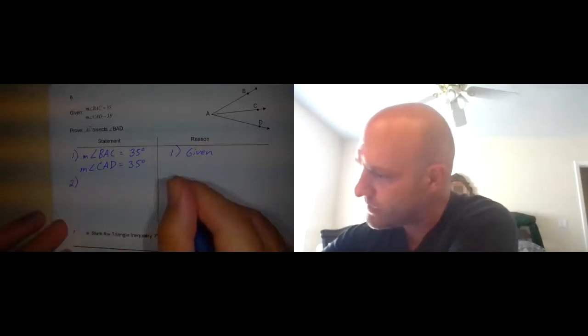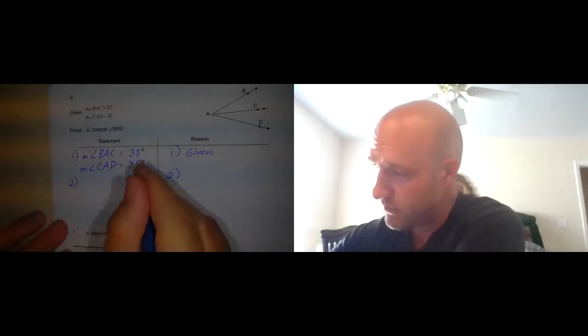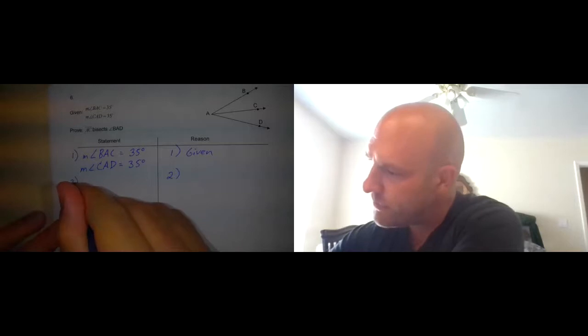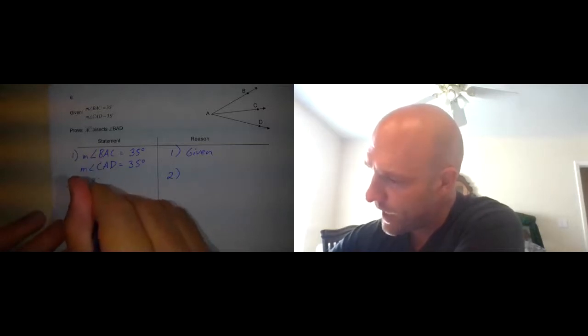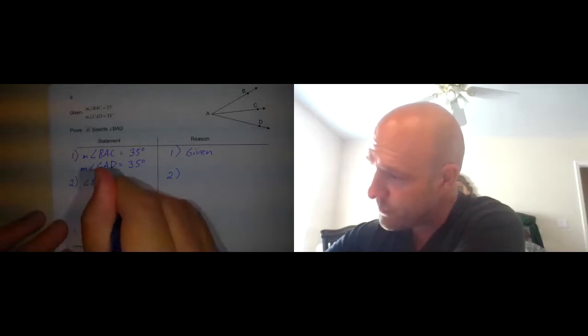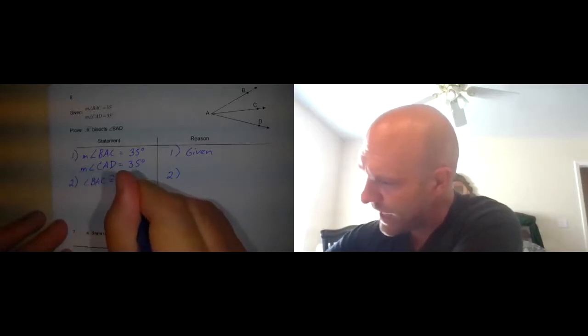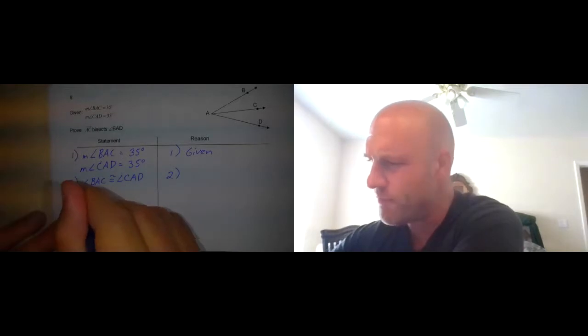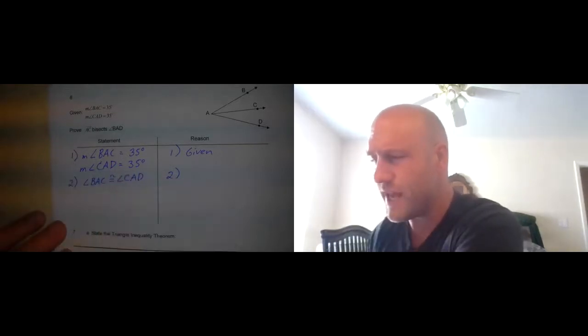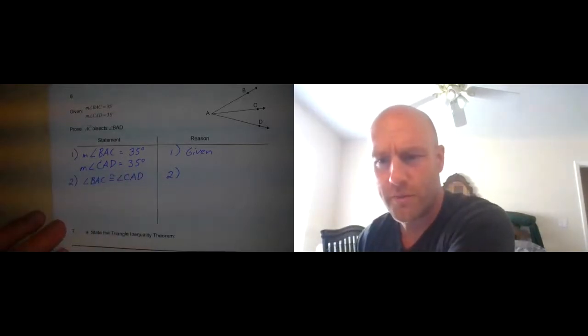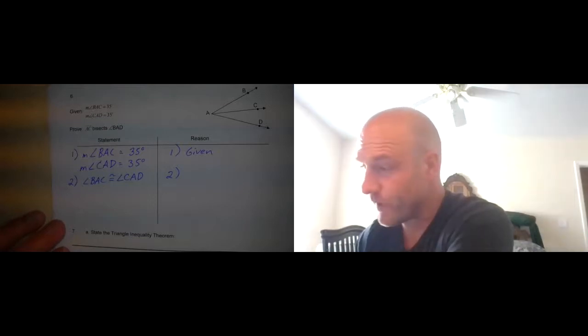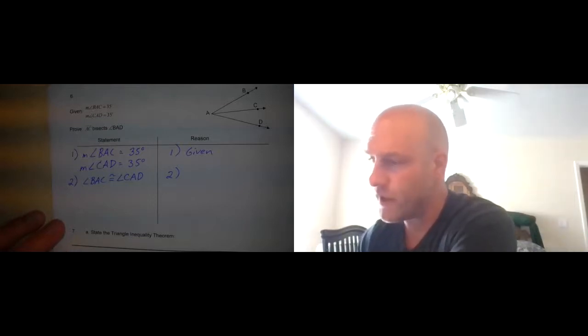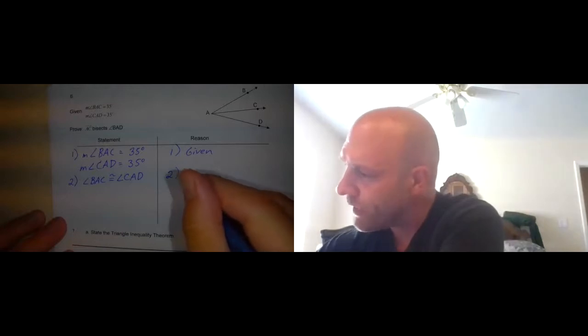Step 2, well, what is implied by them having the same measure? It implies that they are congruent. Here we're going to say angle BAC is congruent to angle CAD. I saw some say measure of BAC is congruent to measure of CAD. That doesn't really make too much sense. That's just grammatical, not really conceptual though.